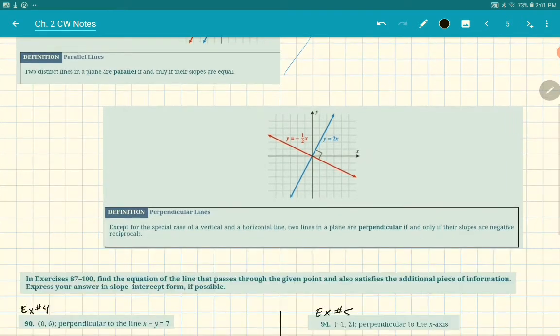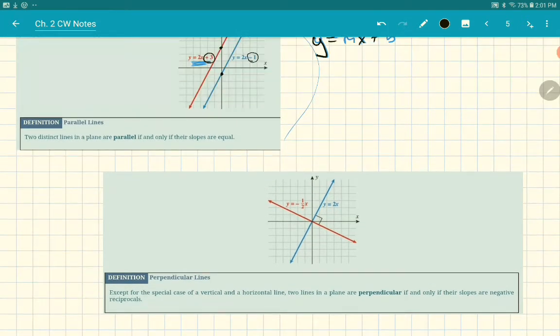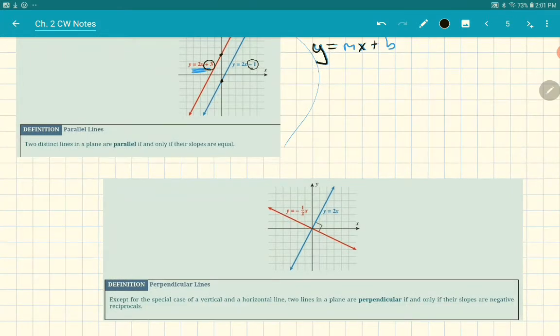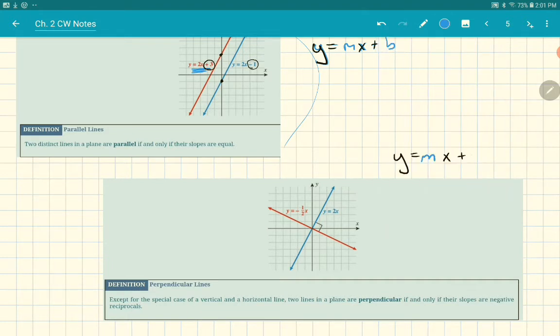Similar with perpendicular lines. So I know that y equals mx plus b. If I have two lines that are perpendicular, I know their slopes are opposite reciprocals.